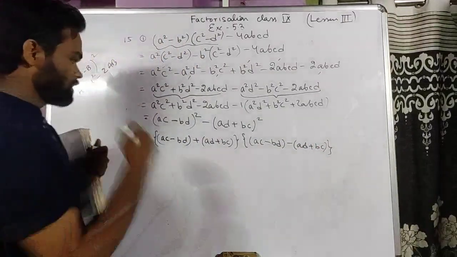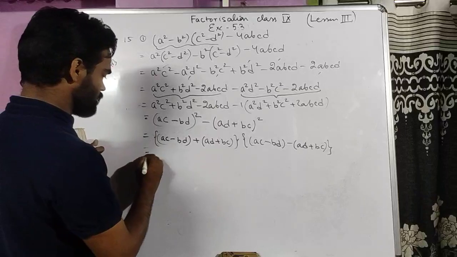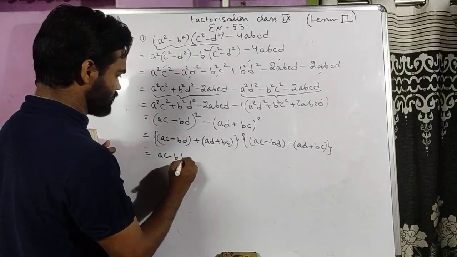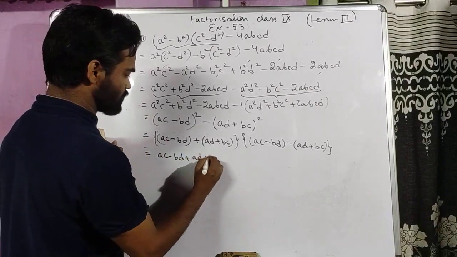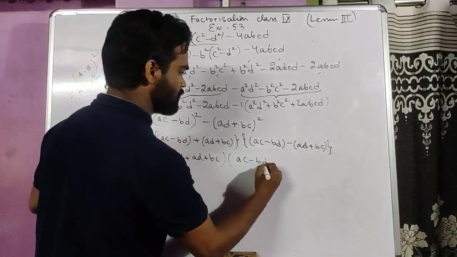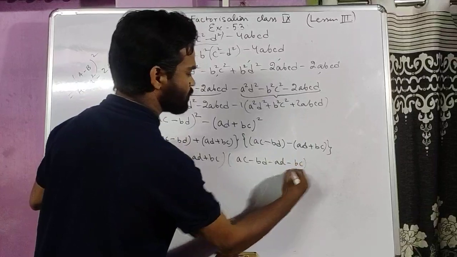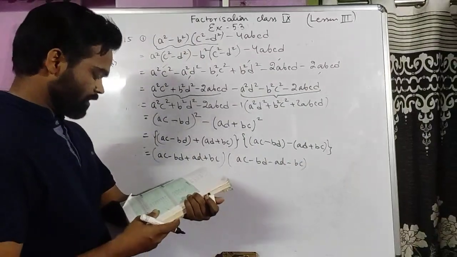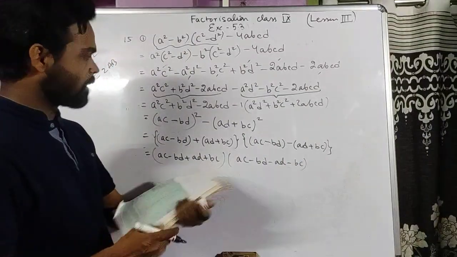Done. Now we'll just open the bracket. So this becomes AC minus BD plus AD plus BC. Nothing cancels. And this becomes AC minus BD minus AD minus BC. And this is factorized.